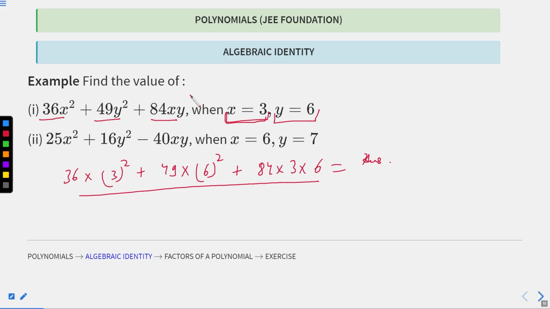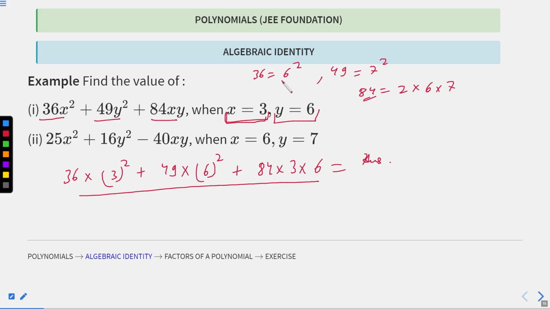If you are paying attention, 36 is 6 square, 49 is 7 square, and 84 is just 2 times 6 times 7. What does it equal? 6 times 7 is 42, and 42 times 2 is 84.